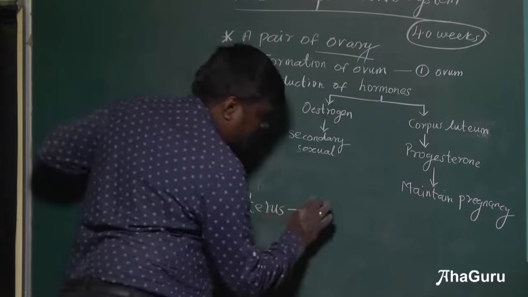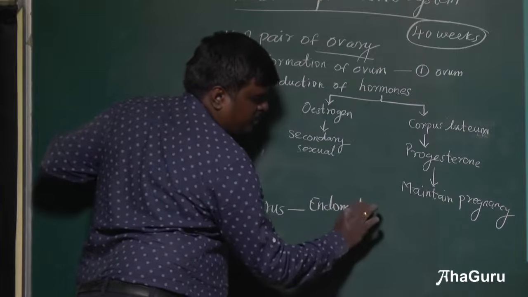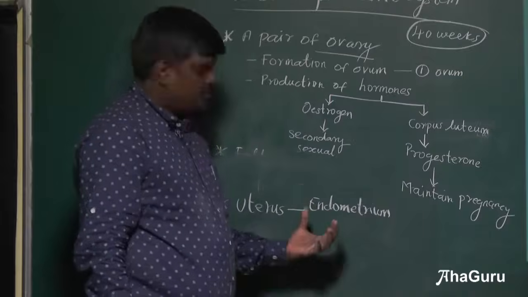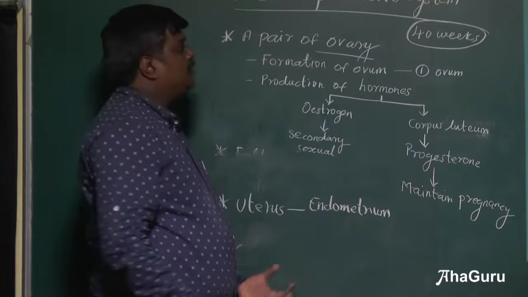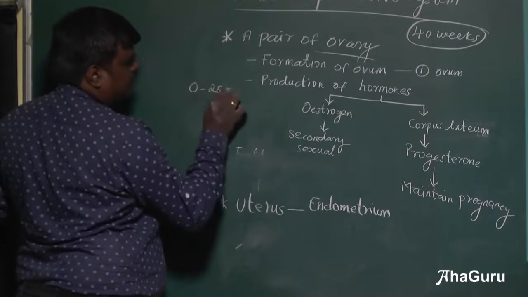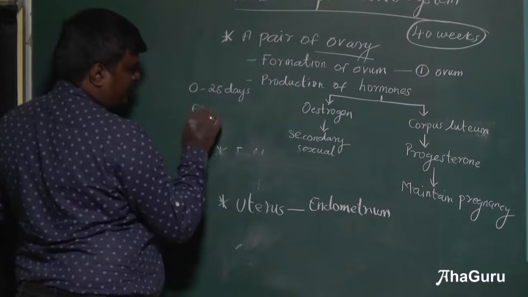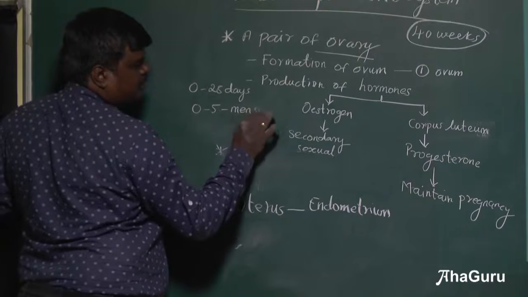In that, the endometrium, which is the innermost layer of the uterus, at the time of the menstrual cycle, that is 0 to 28 days, we can divide this into three phases. In that, 0 to 5 days is called the menses.